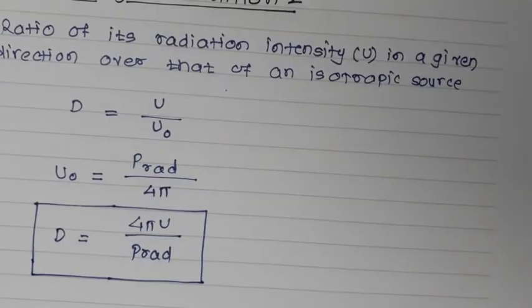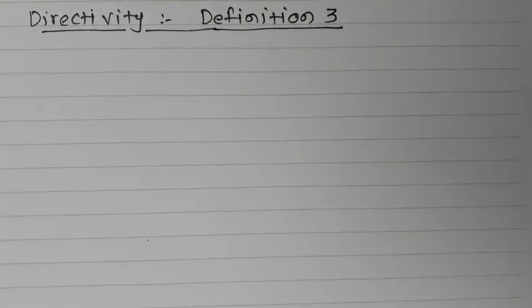Now let us talk about the third definition. The first two definitions are used when the directivity in a particular direction is required. But if the direction is not specified, we calculate the directivity in the direction of maxima. This gives rise to the third definition.